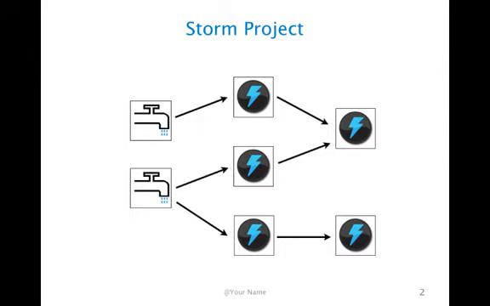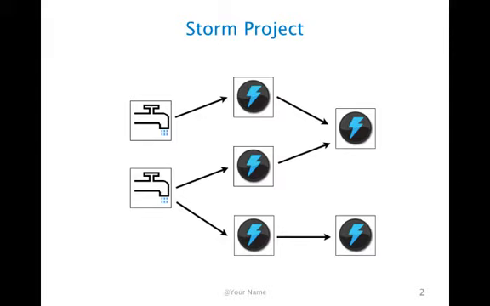So first of all, I'll speak a little bit about the Storm project. Storm is a project that was developed by Twitter. It's a distributed and fault-tolerant real-time computation engine. Many people compare Storm to Hadoop.